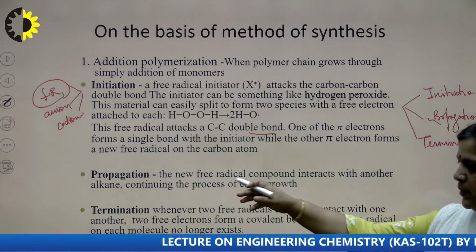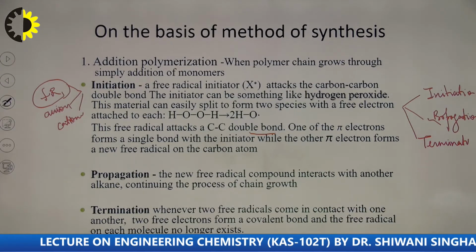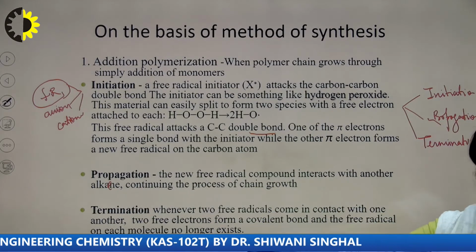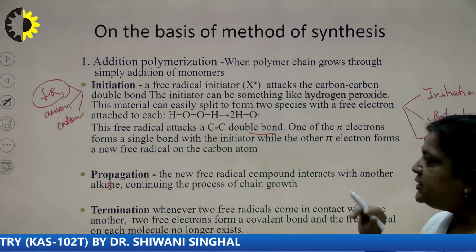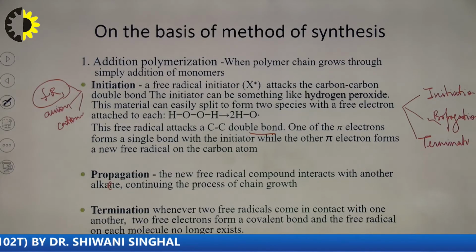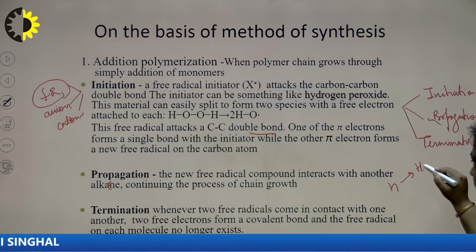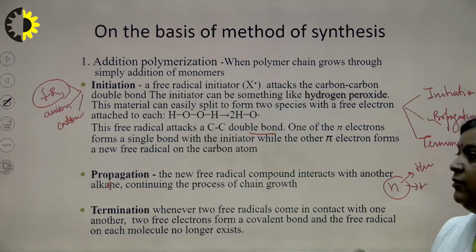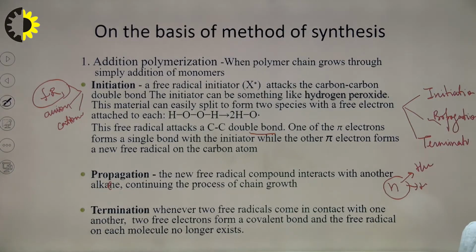So, the monomer radical interacts with other alkene molecules, not alkane, and continues the process of chain growth. Since the number of propagation steps is not fixed, the value of n varies. It may be 100, it may be 1000. So, n varies, and that is why when we find the molecular weight, we always write average molecular weight instead of an exact molecular weight.